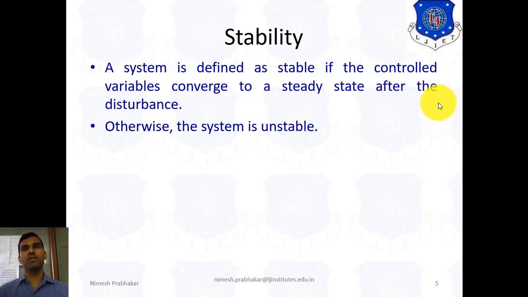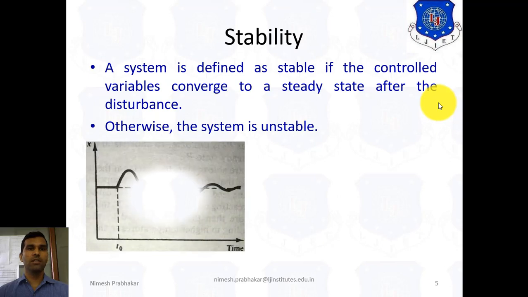Otherwise, the system is unstable. So this is a simple definition of stability. Any system is called stable if that system's control variable converges to a steady state after some disturbance. If that variable does not go to the steady state, then this system is called an unstable system.